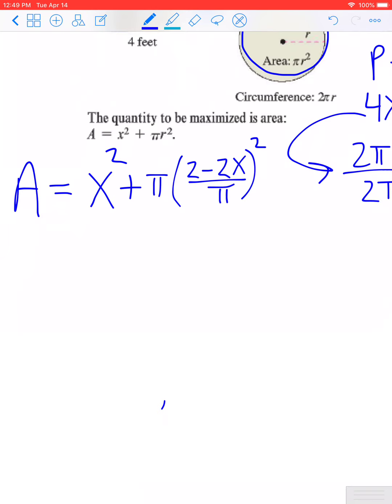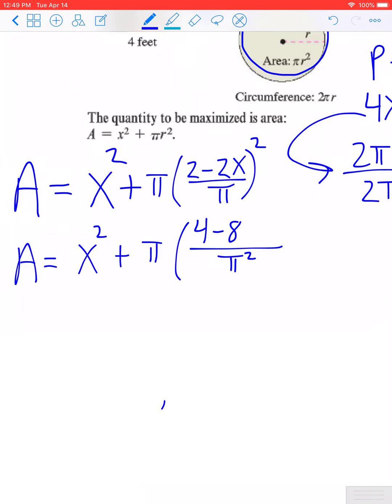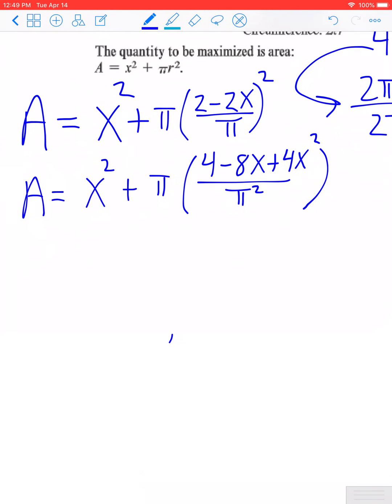If we simplify this a little bit, A equals x squared plus pi times, if I square this fraction, we're going to have a pi squared in the denominator. In the numerator, we would get 4 minus 8x plus 4x squared. We can cancel one factor of pi.